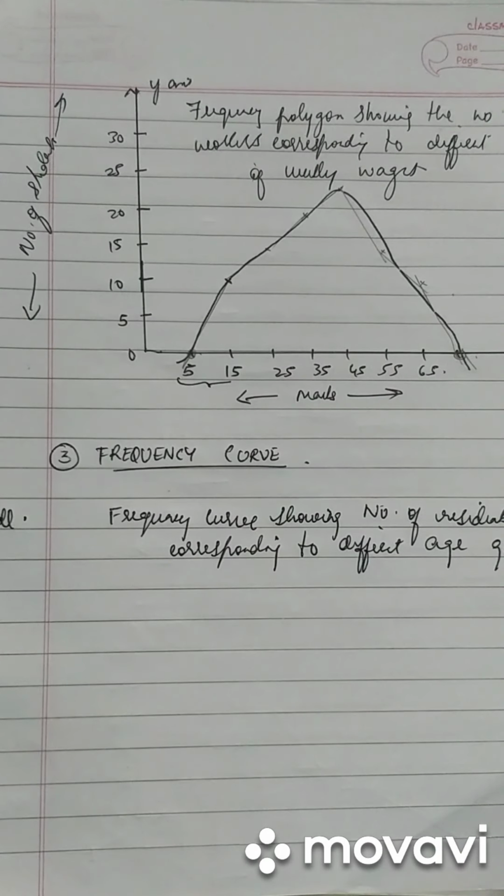So under the number of residents, the highest value is 1000 and the lowest value is 100. So we can either take a scale of 100, 200, 300 or from 200 to 1000. And in x-axis, we have starting from 0 and ending to 80.